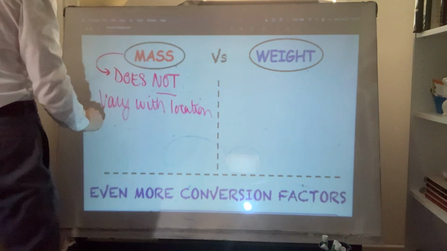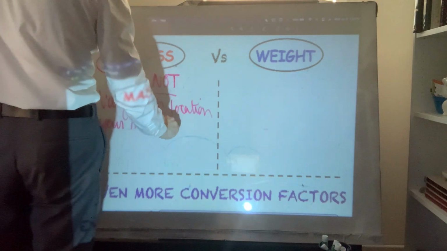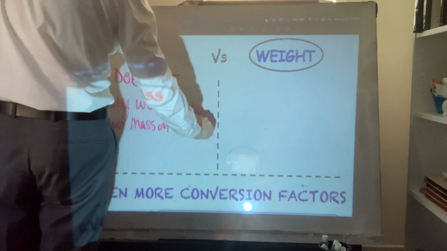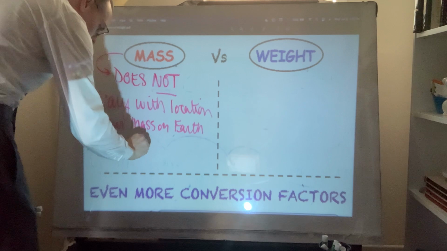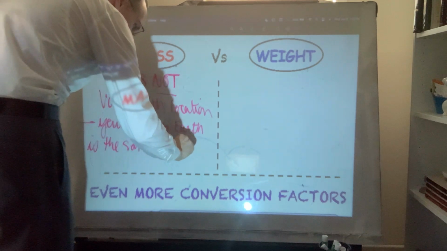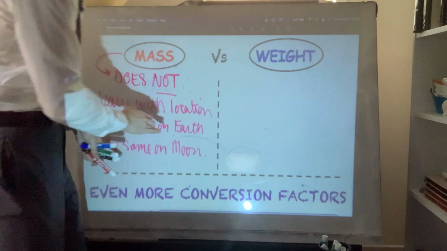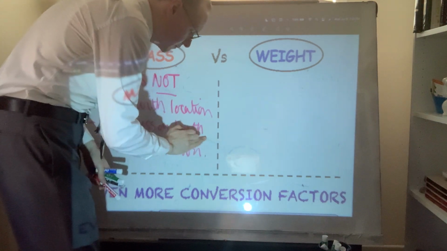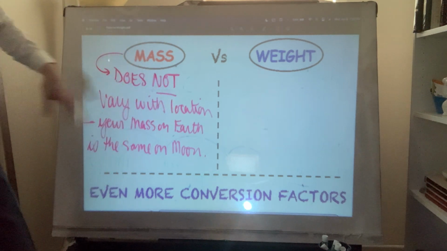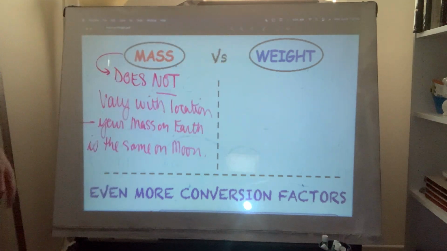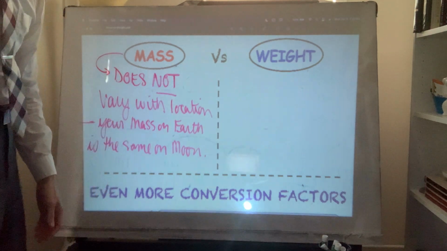Your mass on Earth is the same on the moon, say, for example. It might, in theory, change. No, it will never change. Your weight might change, but your mass will be consistently the same no matter where you are.